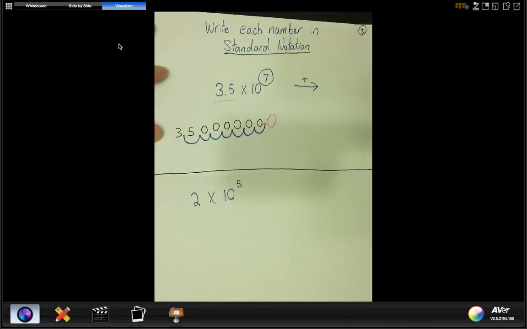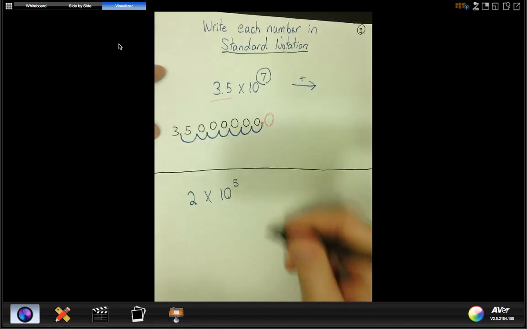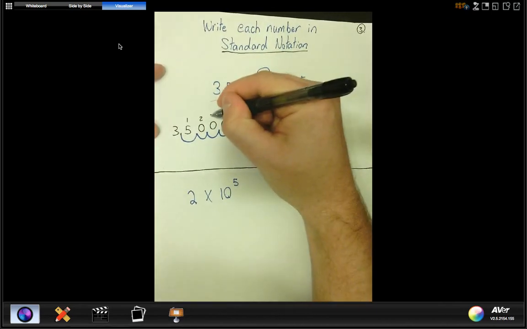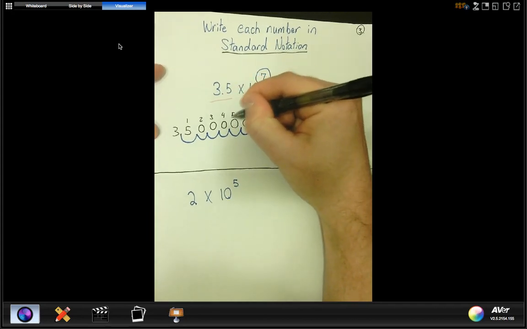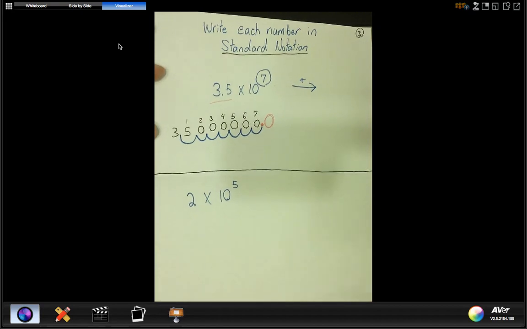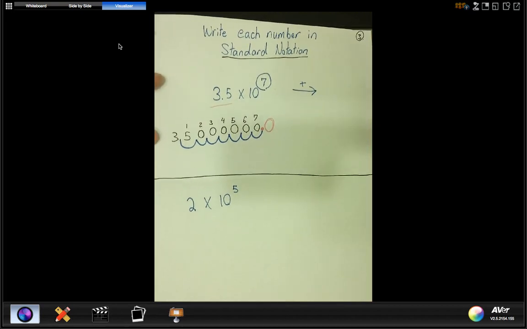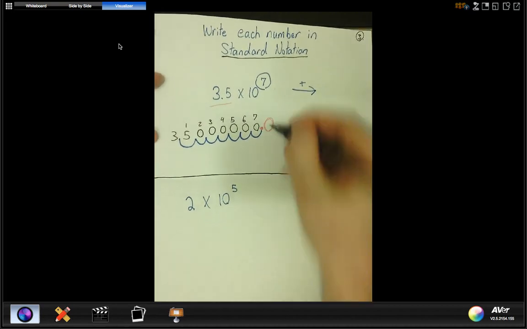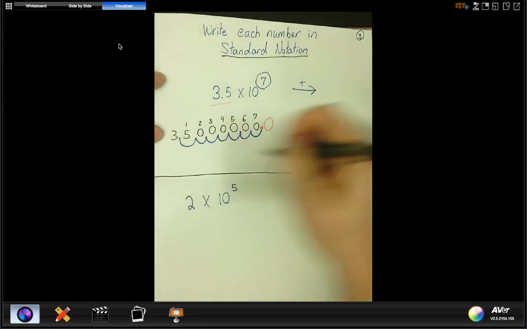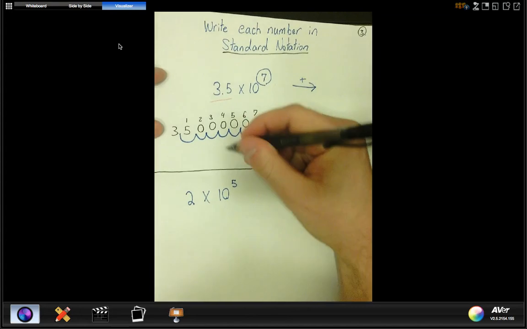And if I want to double check my work real quick, I have 1, 2, 3, 4, 5, 6, 7. So I moved the decimal point 7 places to the right because it's positive. There's the end point and the 0 for good fashion. So let me rewrite this so it's nice and clean as my answer.